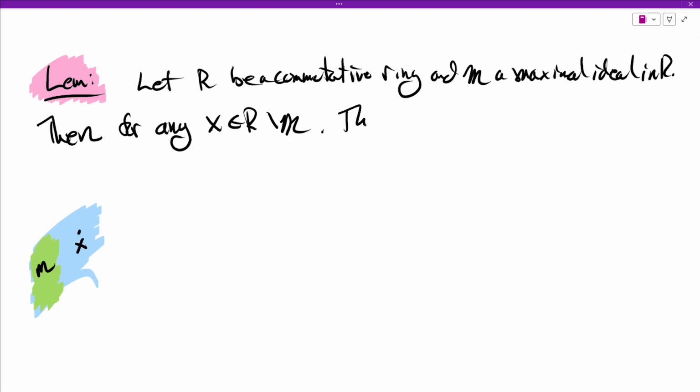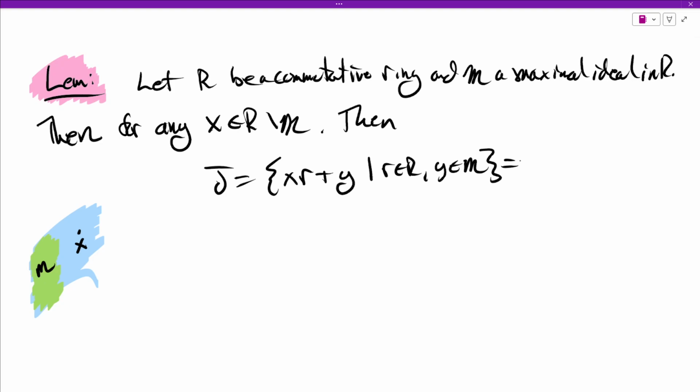Then we can look at the ideal J generated by X and M. So we're going to look at all multiples of X plus things in M: X times r plus y, where r is in R and y is anything in M. We might write this as the ideal generated by X and M, but M is a set, it's an ideal itself.